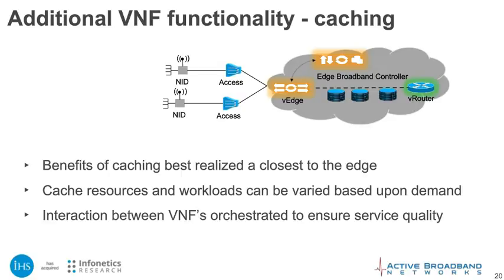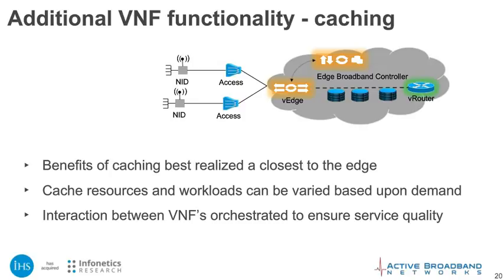So perhaps the next simple example is one of the functions that operators use to improve video service delivery, phone software updates, a variety of different things: caching. And as we all know, caching is most effective as close as it can be to the edge of the network. And as the packet termination edge of the network has moved further and further back, caching has become less effective.